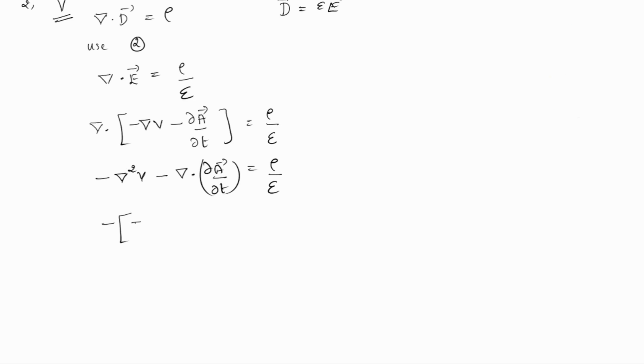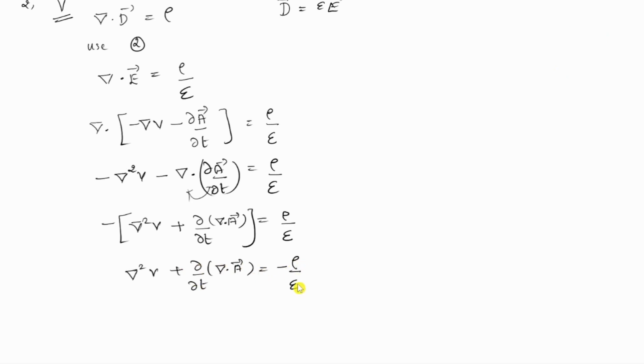So minus del square V, and we can interchange these two, plus dou by dou T into del dot A, that is equal to rho by epsilon. Bringing that minus to the right hand side, the equation becomes del square V plus dou by dou T of del dot A is equal to minus rho by epsilon.